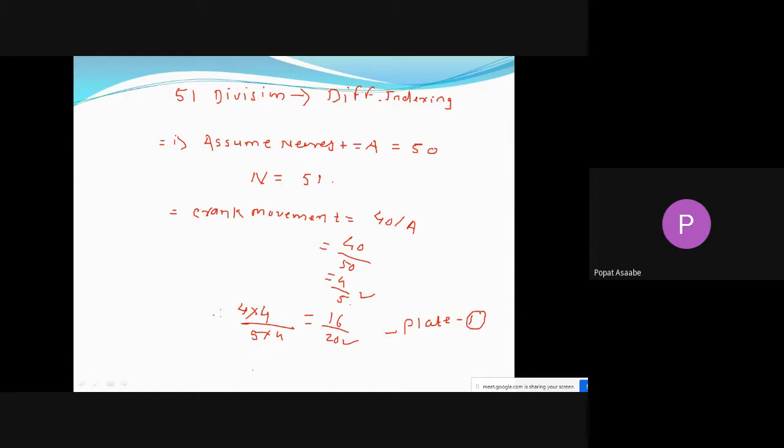But this indexing is for 50, and we want to find it for 51, so again we have to carry out the next step. That step is to find the gear change, or gear ratio.